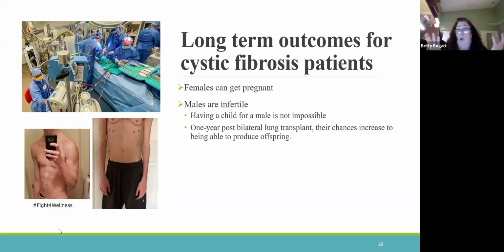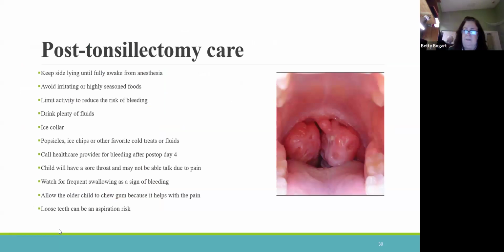But I don't know why, after bilateral lung transplant, they can father a child. And many men will do that. Crazy, huh? I don't know why the vas deferens all of a sudden can. I'm not really sure about that. Some chemical, something, I'm sure.